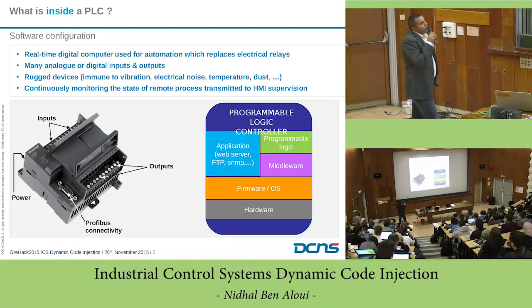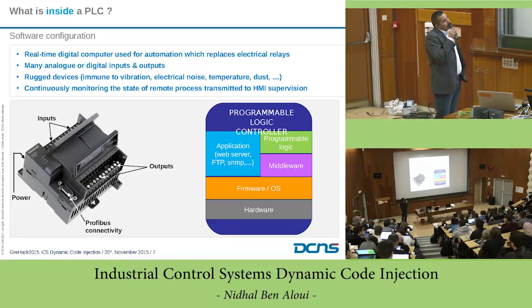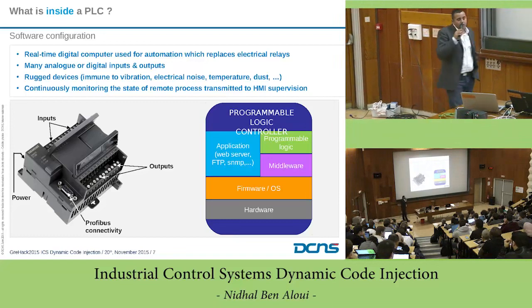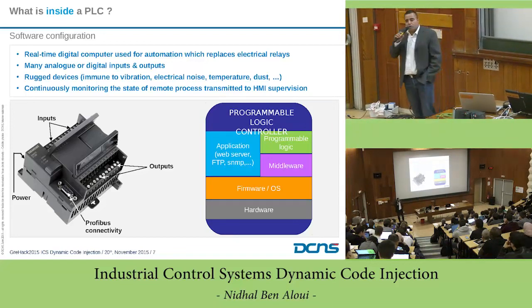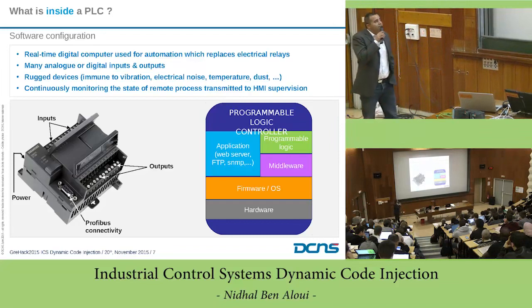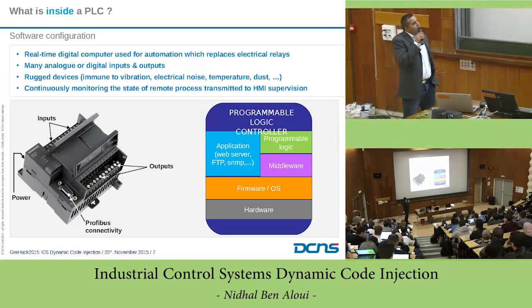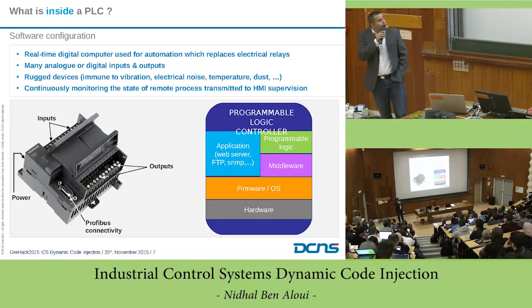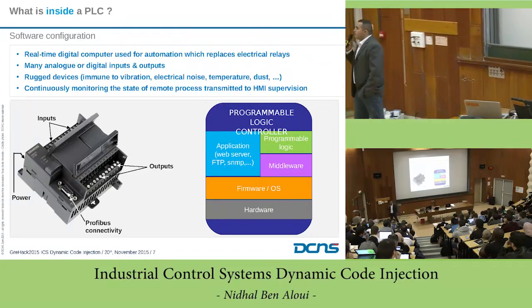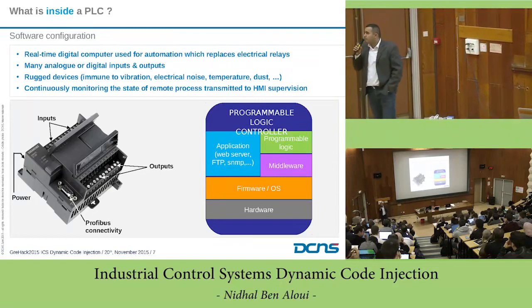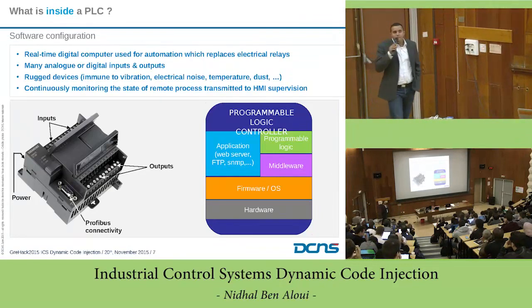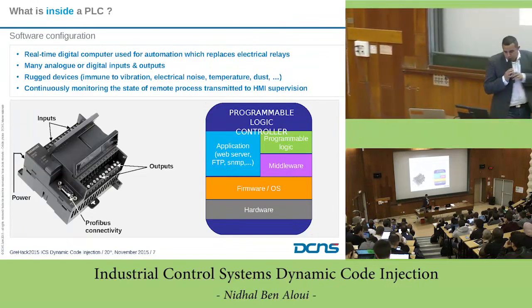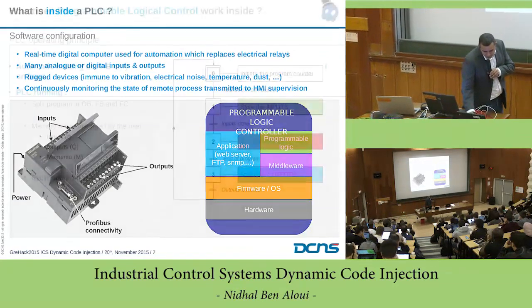We have also a middleware interface between the programmable logic, so between the machine code written by the developer, and finally we have the application. I put here some general applications, like a web server needed to control and to modify the configuration of the PLC by the developer using internet communication.